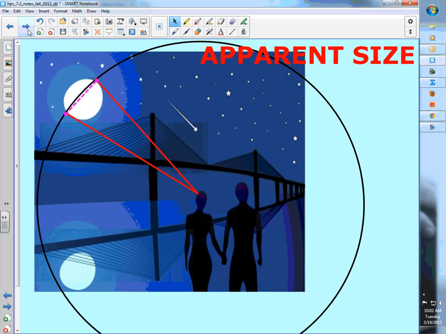Okay, apparent size. Apparent size is not exact, but it's a pretty good ballpark. When we have something that's pretty far away, we can use this idea of apparent size to figure out how big something is. In this case, we're going to talk about the diameter of a planet or an object.